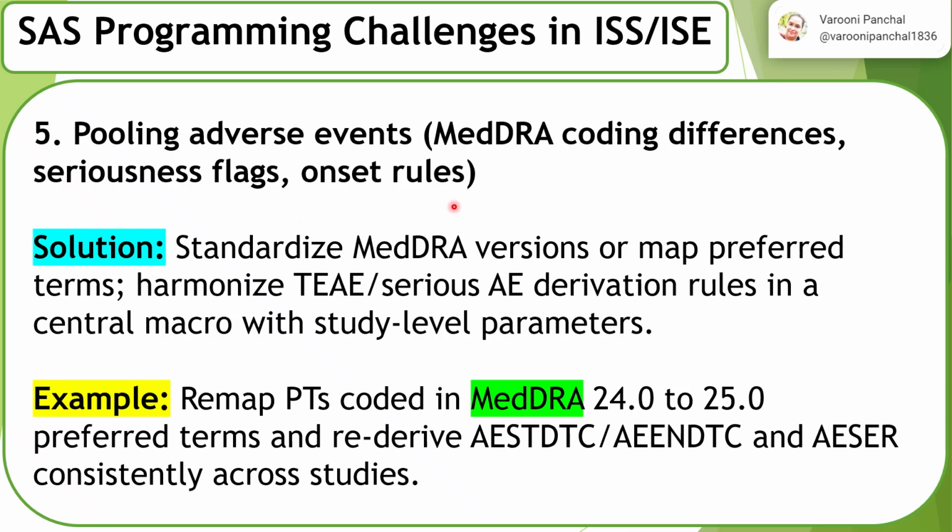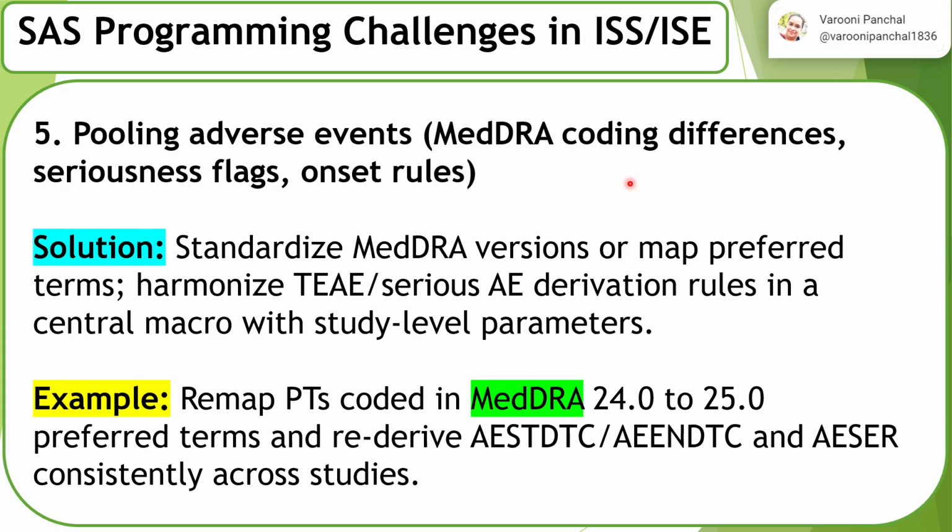Now the onset rules. The onset rules relate to the treatment emergent adverse events, right? So say the baseline definition of identifying a specific event as an adverse event, that rule itself is not consistent across 12 individual studies. So how do you handle so many differences and challenges?